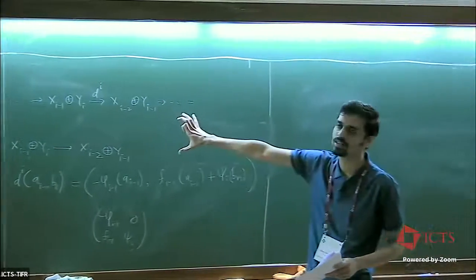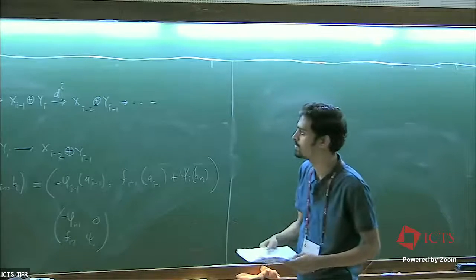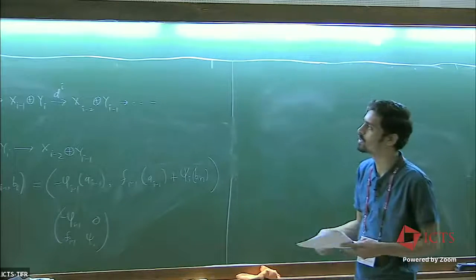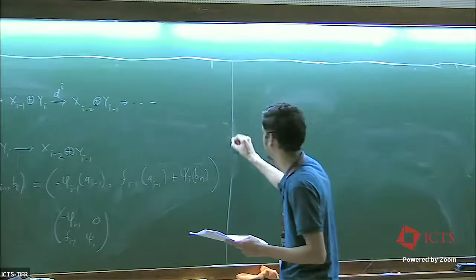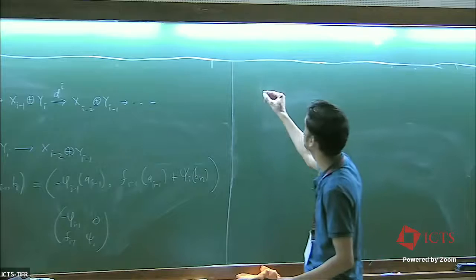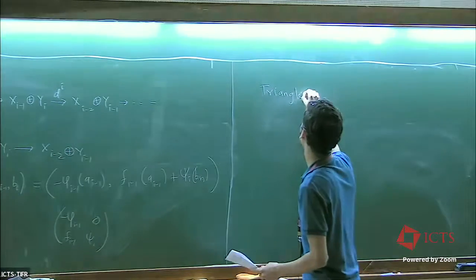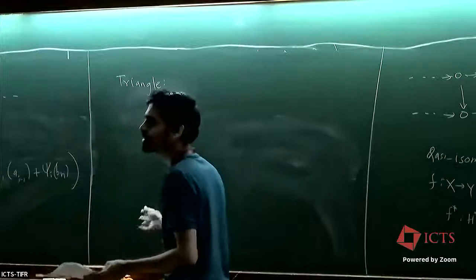Okay, so this is something that we are going to need in the definition of, or an example of, a triangulated category. So, okay, let me start with defining what a triangle is.